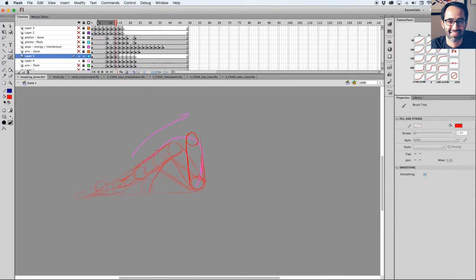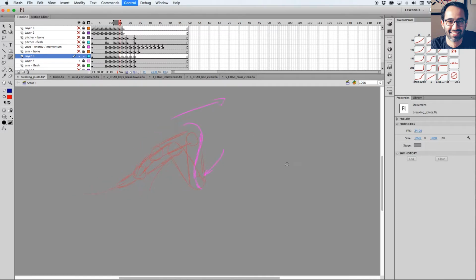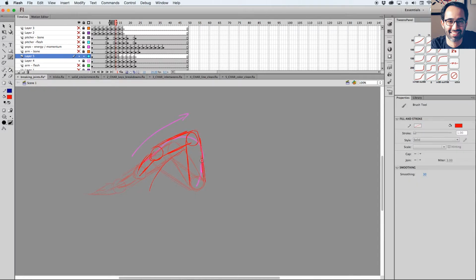Okay, so my arm's here now. And at that moment, like we were seeing with the wave line underneath, there's already enough momentum being built here, so I can start breaking my joint here.